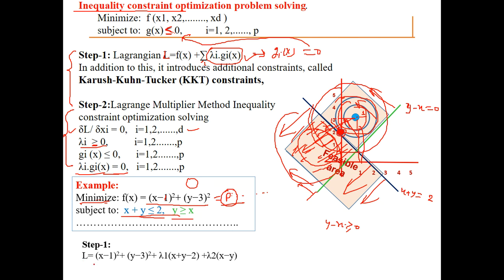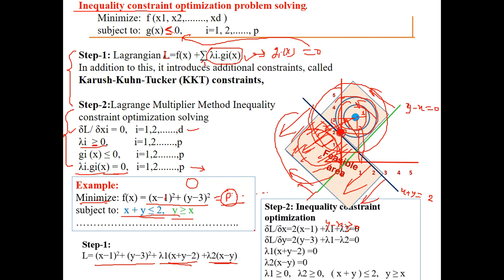So create the Lagrangian equation: objective function plus constraint 1, constraint 2. Now differentiate this with respect to x, y, and equate to 0. Then constraint 1, constraint 2 products equal to 0.